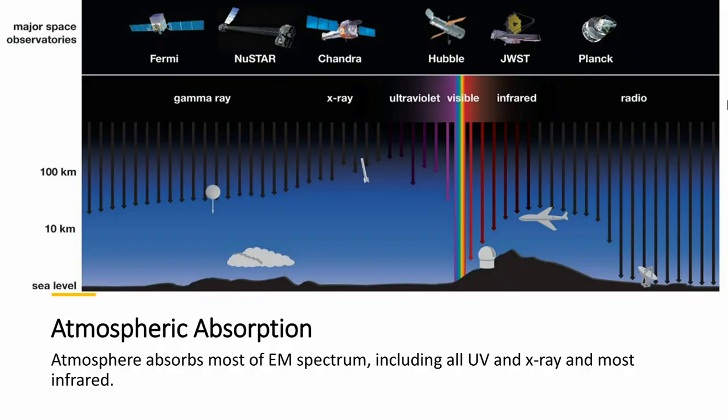So Fermi's a gamma ray detector, Chandra's an X-ray detector, Hubble's visible. So even though visible light does make it to the Earth, we saw that the turbulence of the atmosphere makes it useful to have a visible wavelength telescope in space. James Webb is an infrared telescope that's in space, and Planck is a microwave detector that's in space.